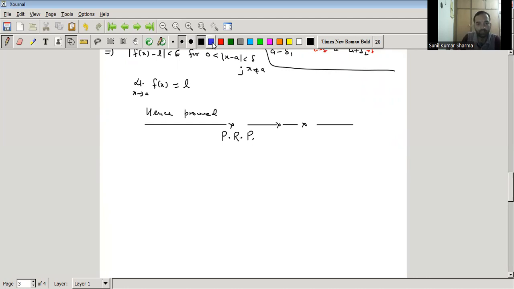So the next result is: prove that limit as x goes to a of f(x), if it exists, is unique.